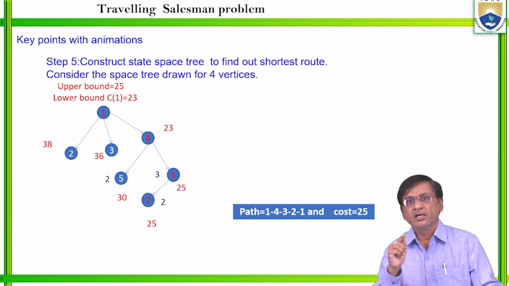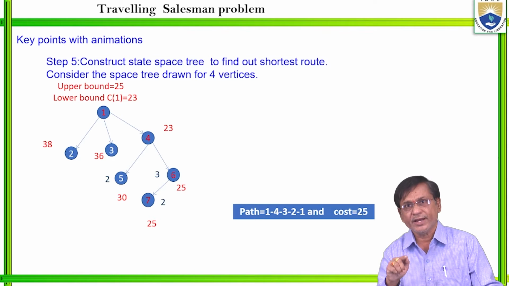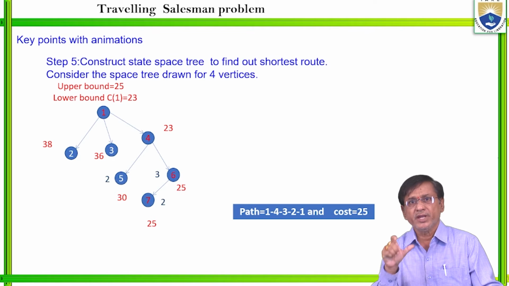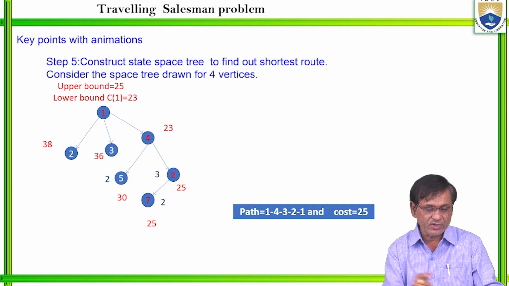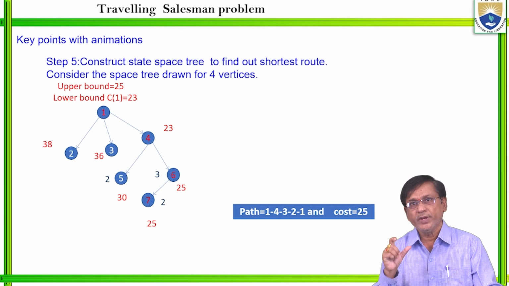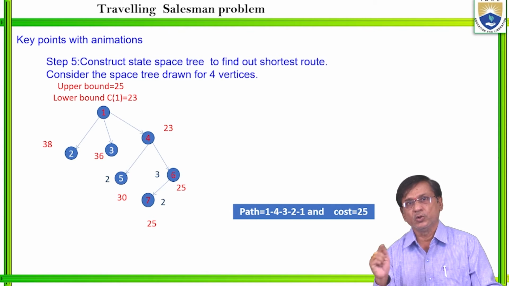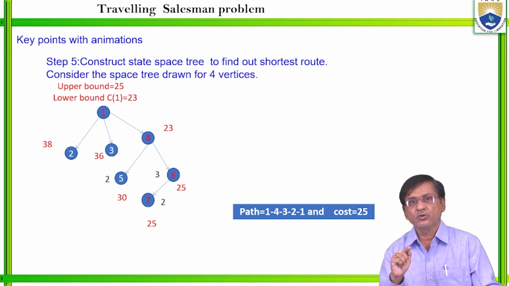So let us say the route from vertex 4 to vertex 2 is node 5, and vertex 4 to vertex 3 is node 6. In that case, we have to calculate the cost again. We need not explore all the nodes. We only have to consider the lowest cost node. So now we have to find out the cost of node 5 and the cost of node 6.